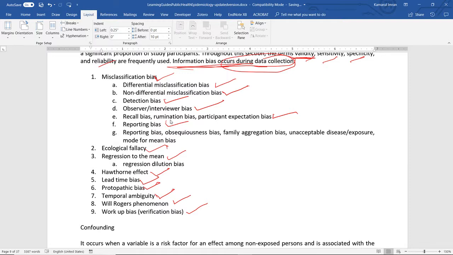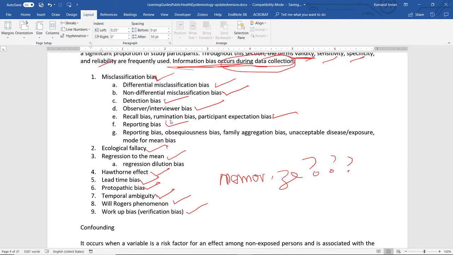Do you need to memorize all these things? I think you don't have to memorize every single bias. You need to memorize the overall groups: selection bias, information bias, and confounding, and a few common biases.